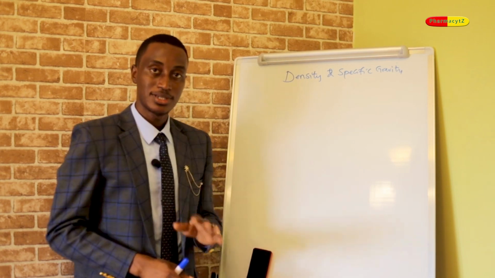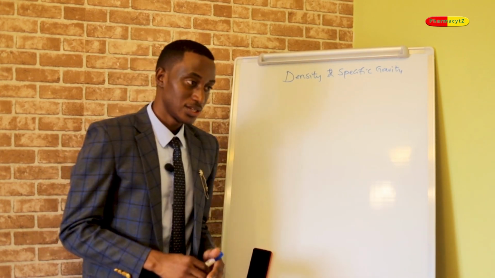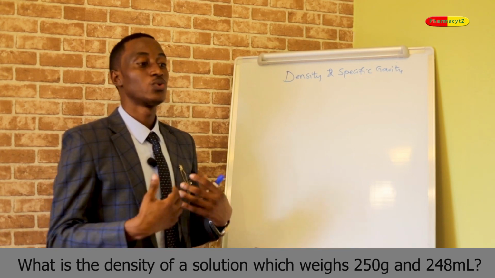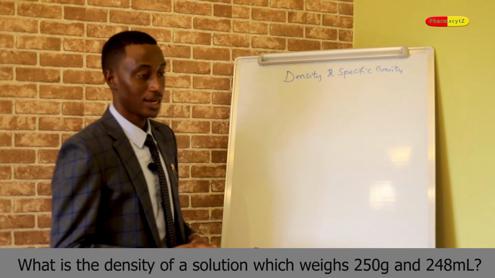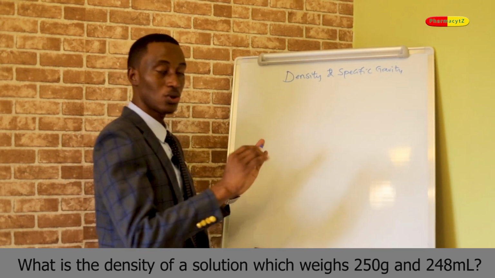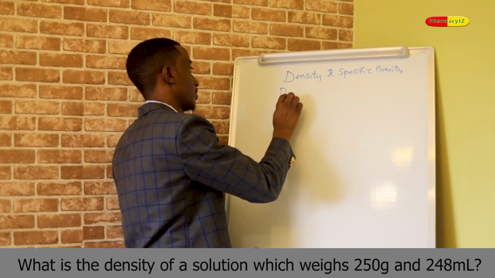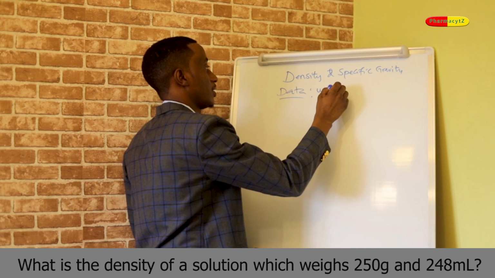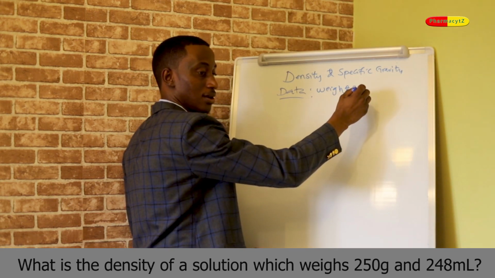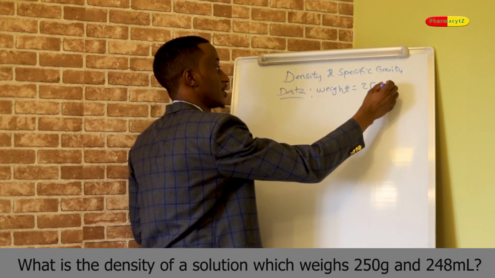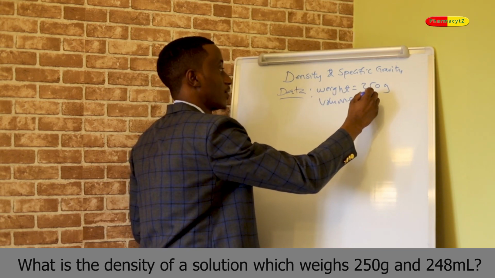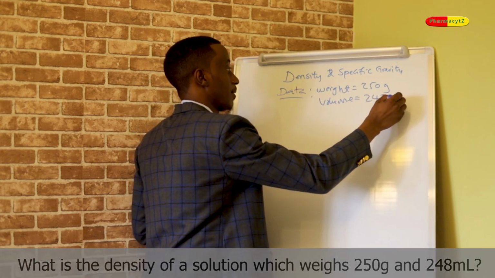The first example is about the density. It says, what is the density of a solution which weighs 250 grams and 248 mils? So obtain the data. Weight in terms of grams, we have 250 grams, and volume in terms of mils, we have 248 mils.